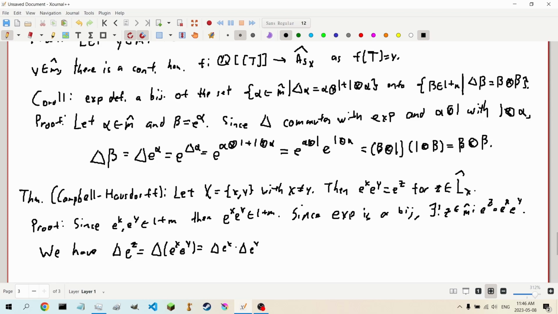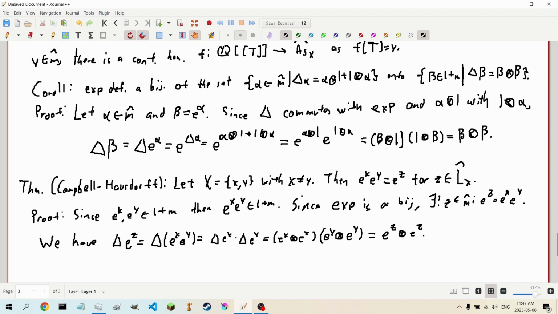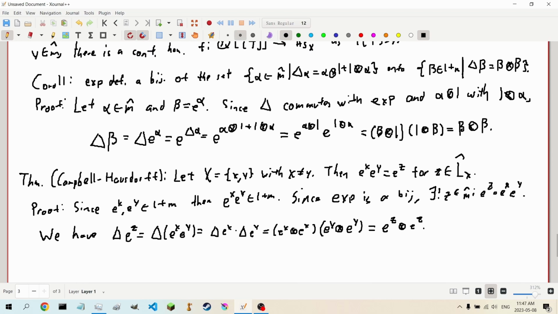Which is equal to e to the x tensor e to the x times e to the y tensor e to the y, which is just e to the z tensor e to the z, which by our previous results, because we're referencing a couple of the things we've shown here, z is primitive, it's a primitive element, and so z is in the completion of Lx hat, of the free Lie algebra on X.